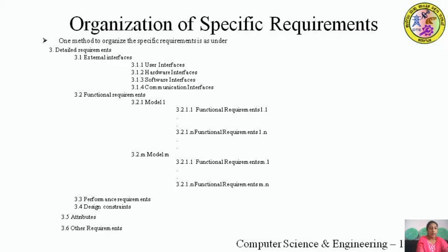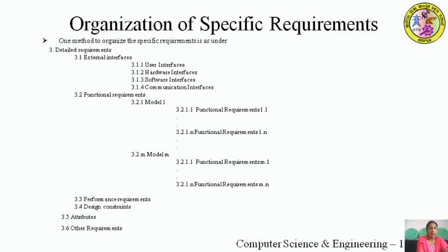The external interfaces section specifies all the interfaces of the software to people, to other software, to hardware and to other systems. Whereas user interfaces specify each human interface including screen formats, contents of menus and command structure.